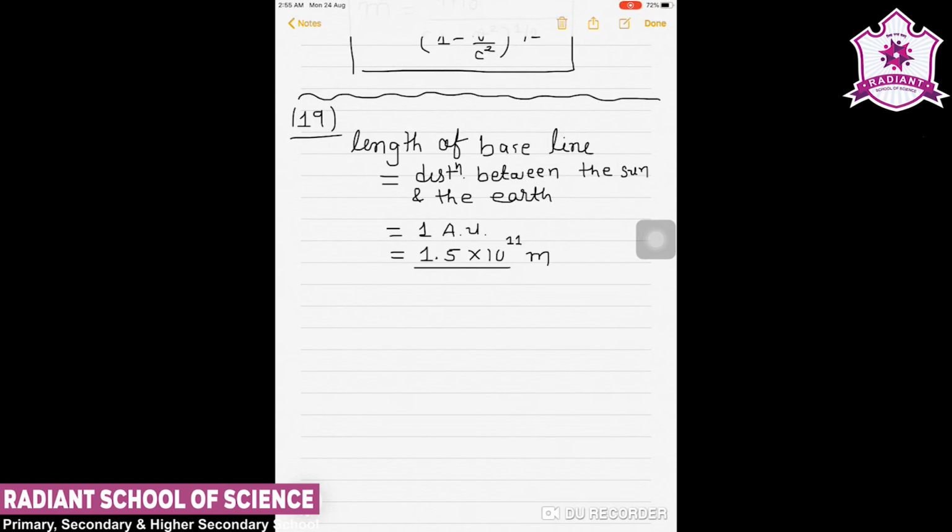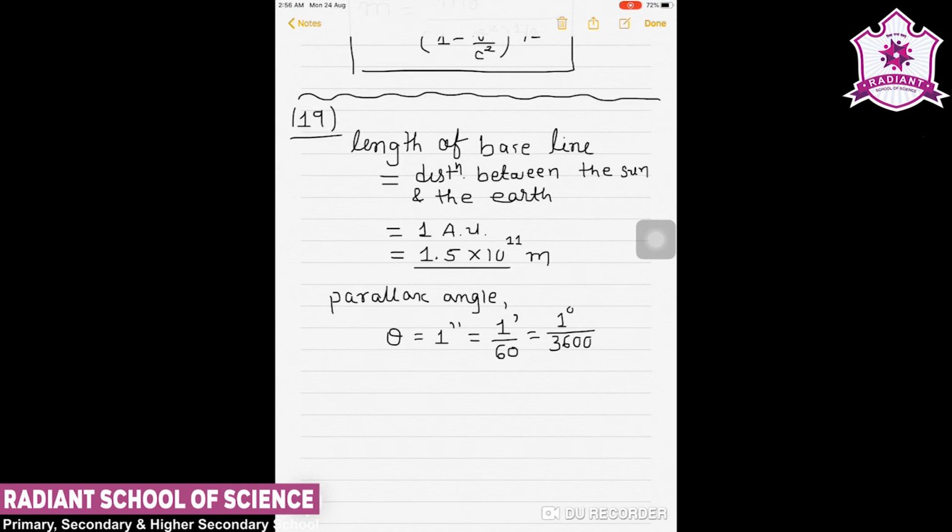Now the parallax angle is given as 1 second. So we can say that the parallax angle theta is 1 second, that is also written as 1 minute upon 60, and it can also be written as 1 degree upon 3600.